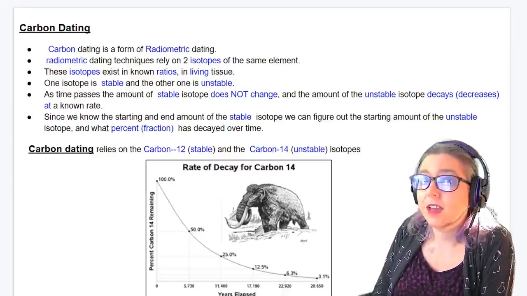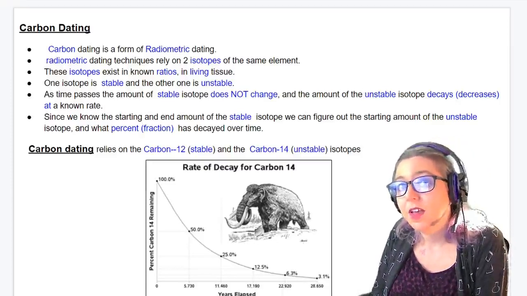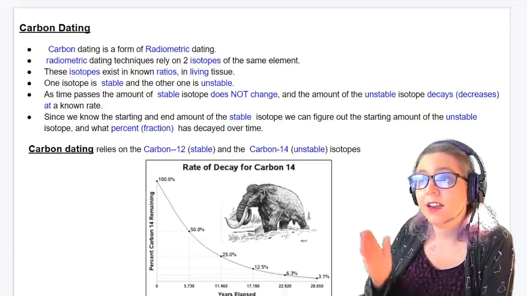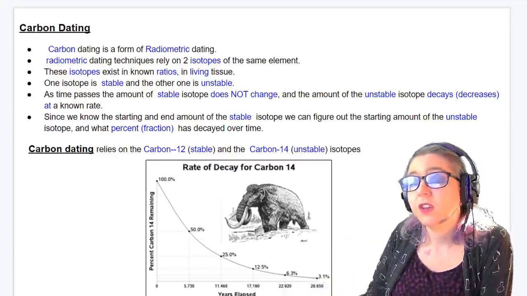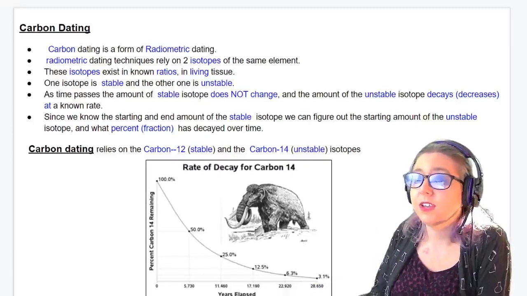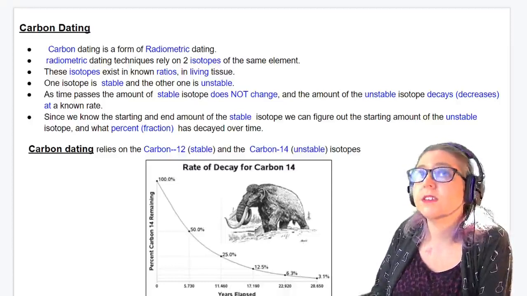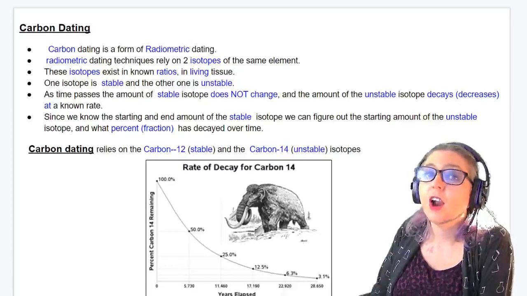And I can compare that number to what it has now, and then we can see how many half-lives it took for the mass of that unstable isotope to decrease to what it is today. So carbon dating is one that we look at a lot, and it relies on carbon-12, which is one of the most stable elements in the entire periodic table, and carbon-14.